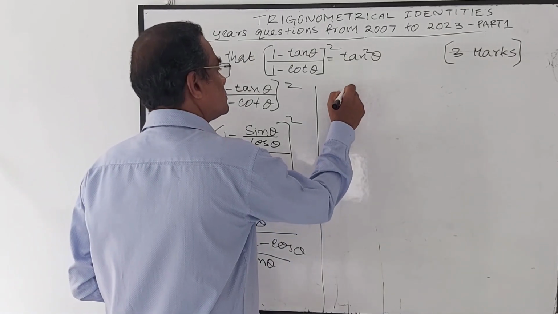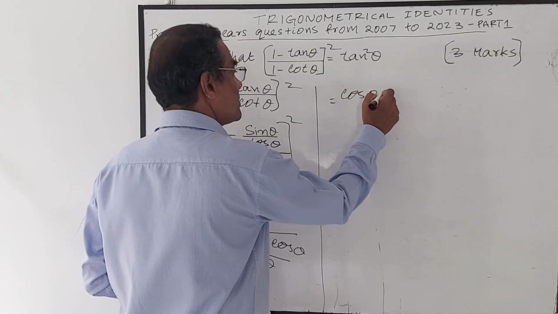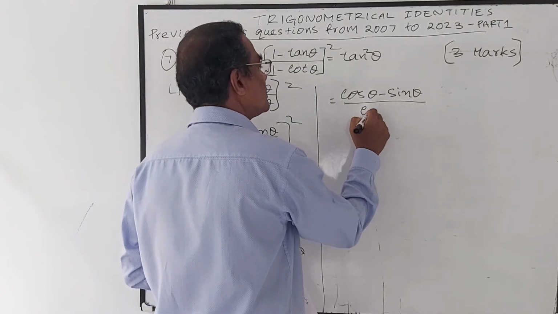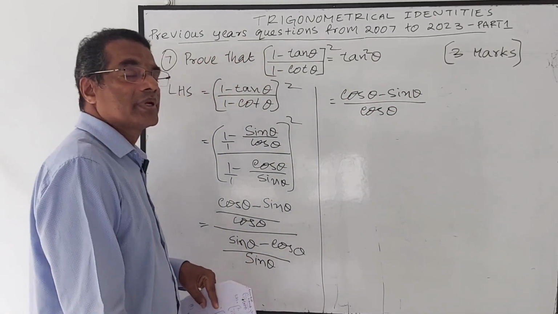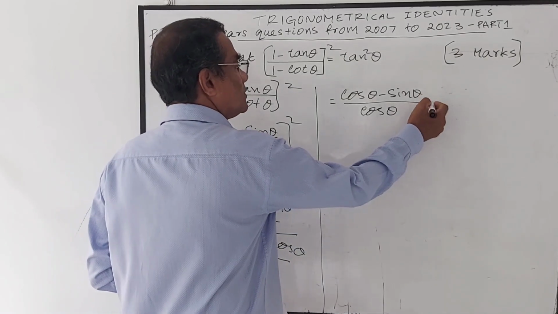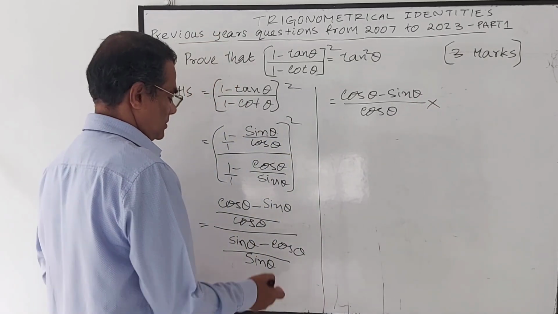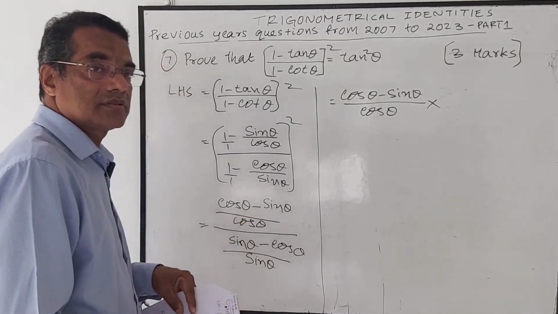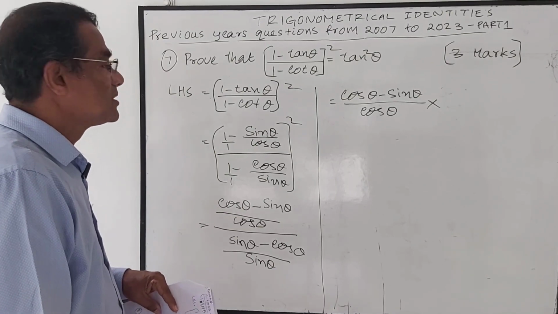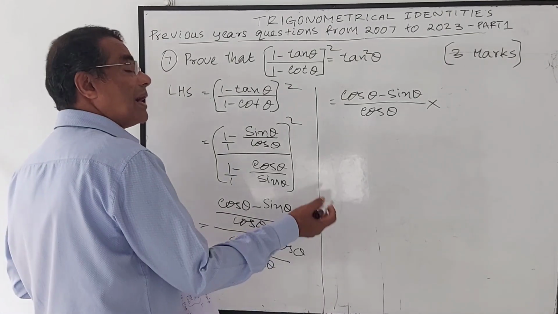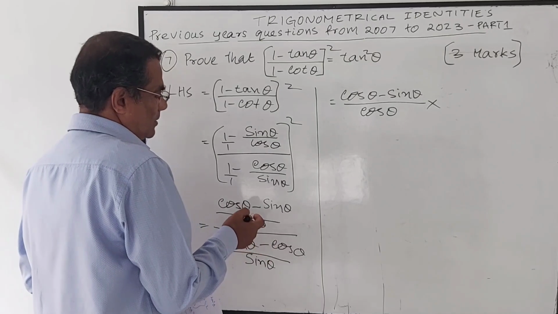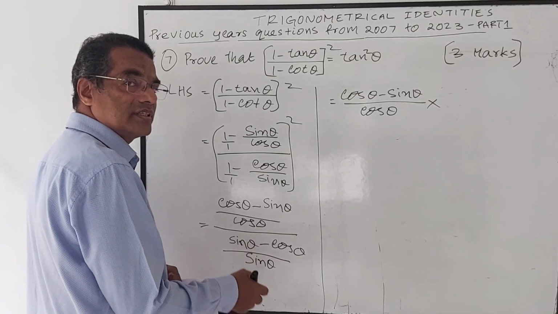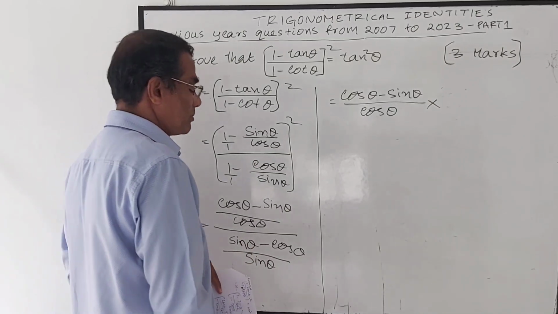So cos theta minus sin theta by cos theta is the fraction in the numerator into, if you are dividing one fraction by another fraction, it is also possible to multiply the fraction in the numerator by the reciprocal of the fraction in the denominator.